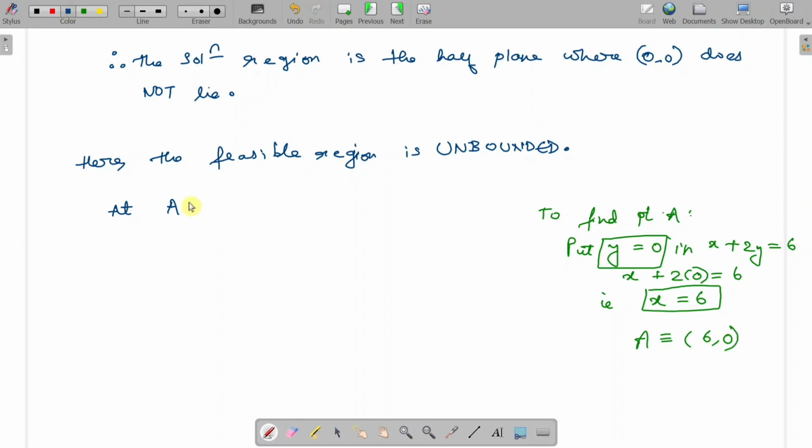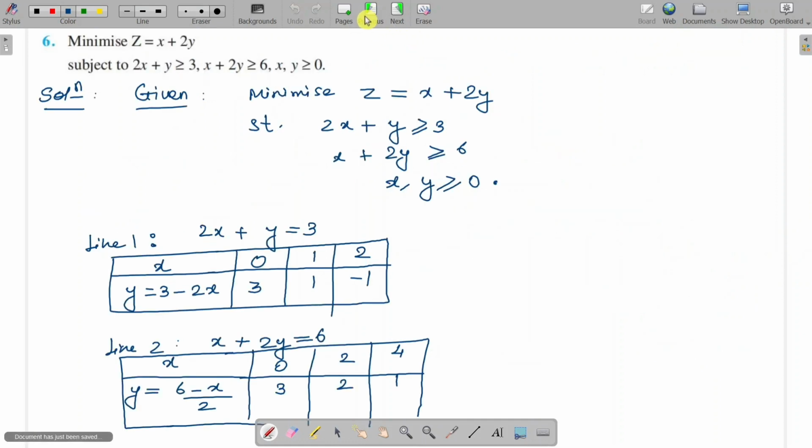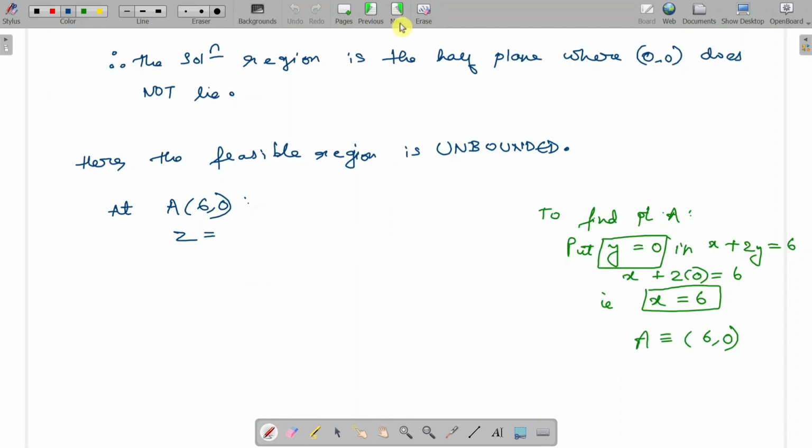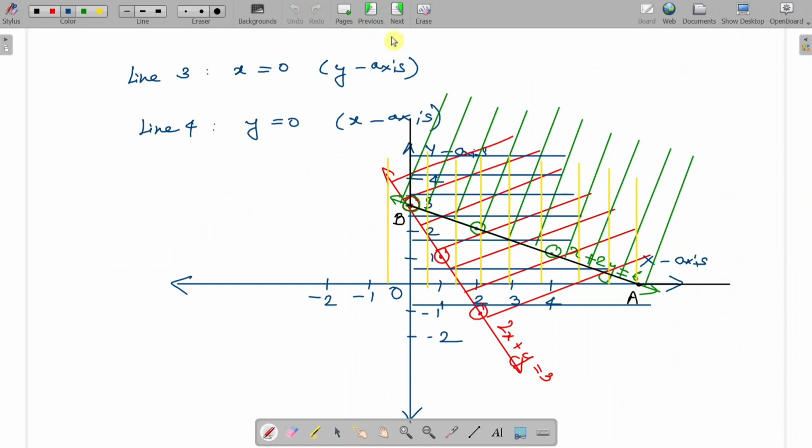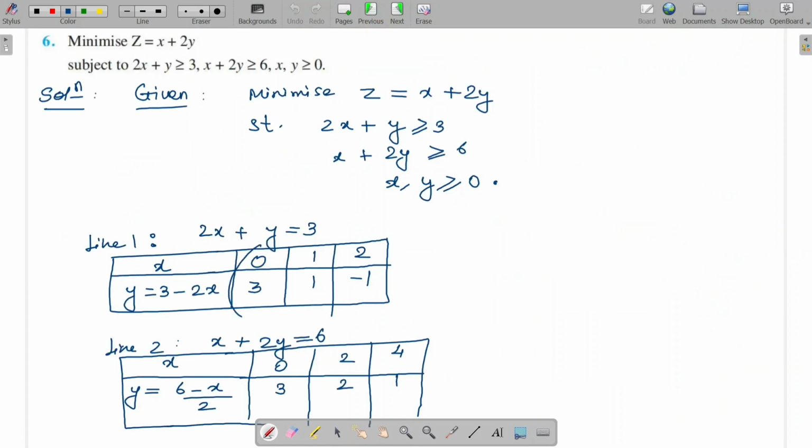Okay, so now let us find at 6 comma 0 the objective function. The objective function is x plus 2y, so that means 6 plus 2 times 0, so that is 6, right? Now at the second corner point, we have 0 comma 3, it is right here.